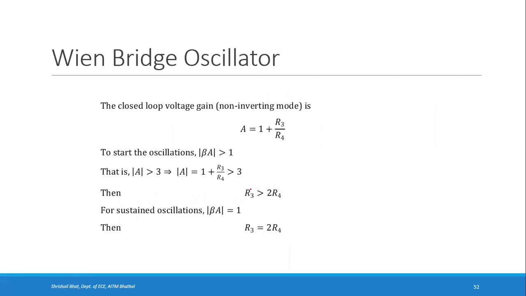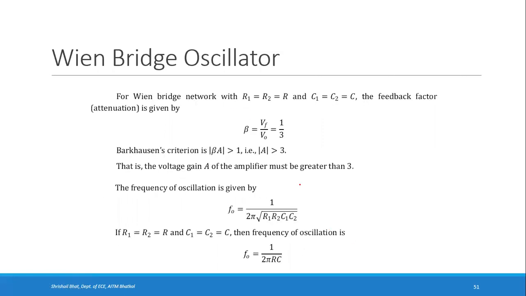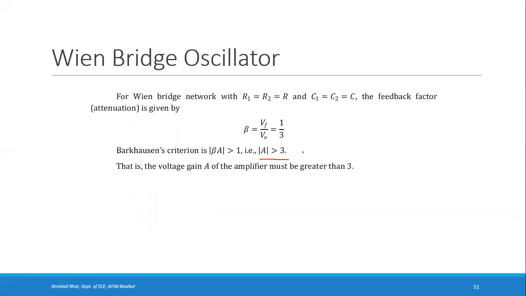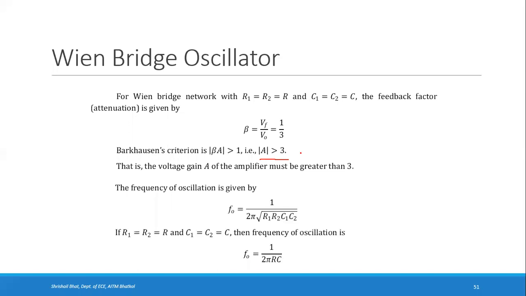Okay. Next, the gain in this Wien bridge oscillator is the gain of a non-inverting amplifier. This amplifier is a non-inverting amplifier. We know that the gain of a non-inverting amplifier is 1 plus RF by R1. We have studied this in op amps.